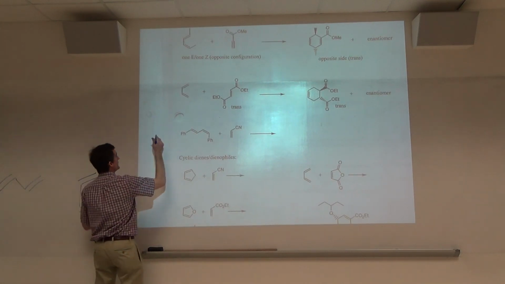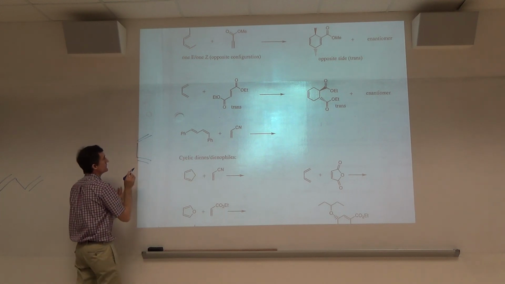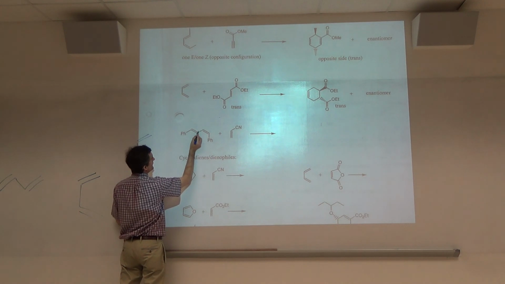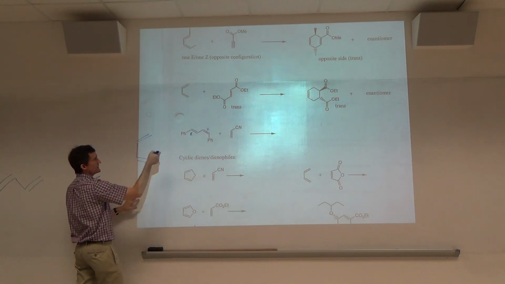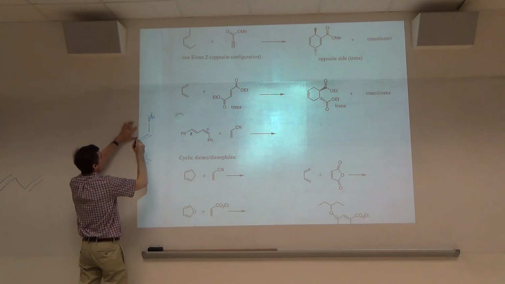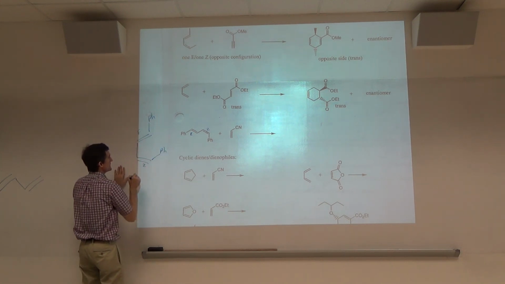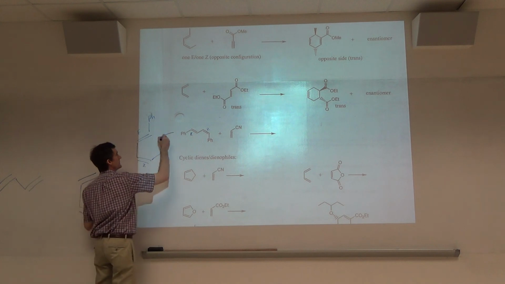So I'm just going to draw this like this. But this double bond is trans, or what's that, E? And this double bond is Z. One is cis and one is trans. So that one I'll draw like that, and that is E. But this one I'll draw like this, because it's Z. These are the same thing.